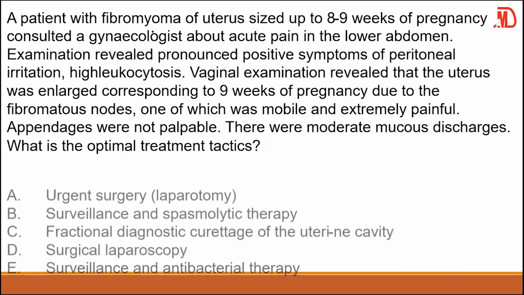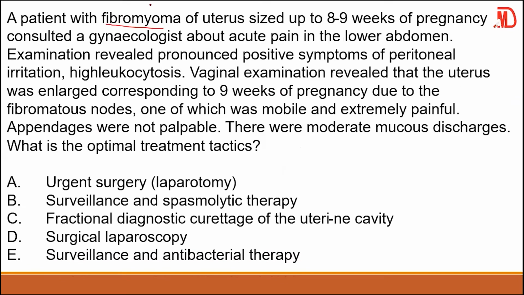So over here, we're looking at curettage. A patient with fibromyoma of the uterus of the size up to 8 to 9 weeks of pregnancy consulted a gynecologist about acute pain in the lower abdomen. Examination revealed positive symptoms of peritoneal irritation, which means peritonitis could be present. High leukocytosis again tells you that infection is taking place.